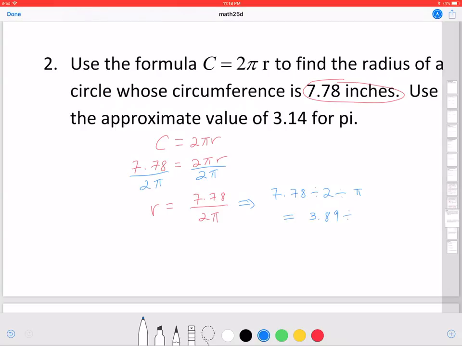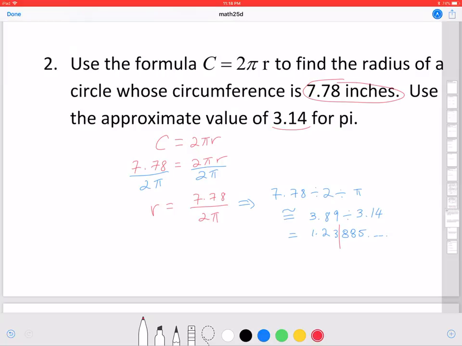I'm getting that to be 3.89. And instead of the exact value of pi, we are going to use just 3.14, and I'll put this as approximately equal to. So if we divide that by 3.14, we get a pretty long decimal like 1.23885, and it goes on. Since pi is given only up to the hundredths place, we will truncate this to the hundredths place.